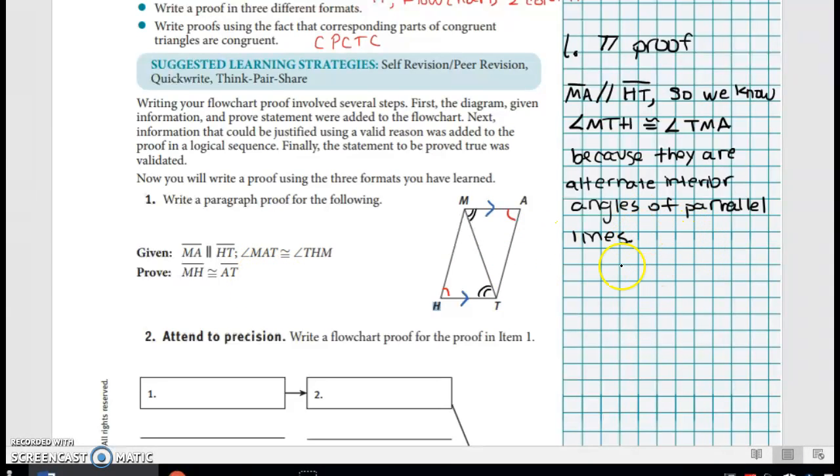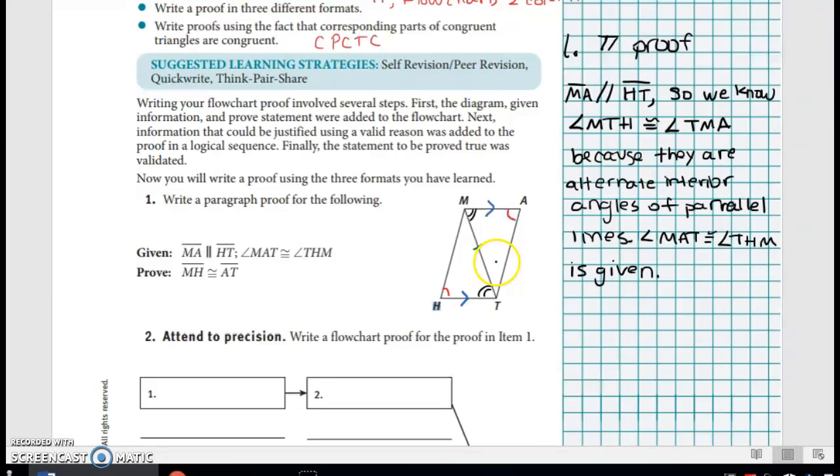Next, we have another given. So angle MAT is congruent to angle THM. And that is given. Alright, so now I've used up my givens. I can't really prove anything else with this last given I used. But looking at the diagram, I can see that MT is going to be congruent to itself.